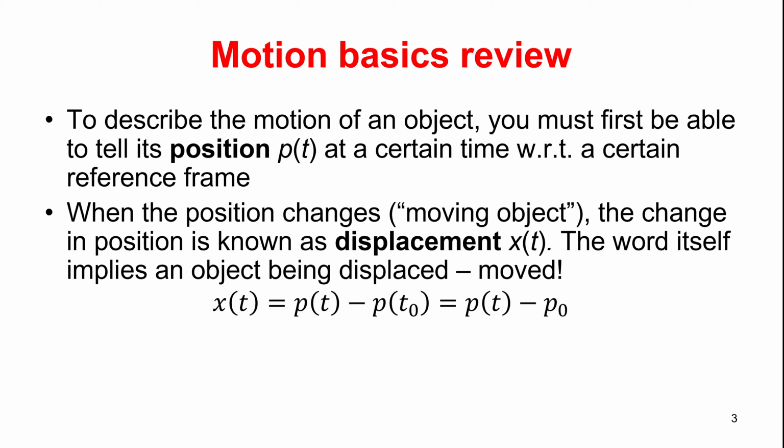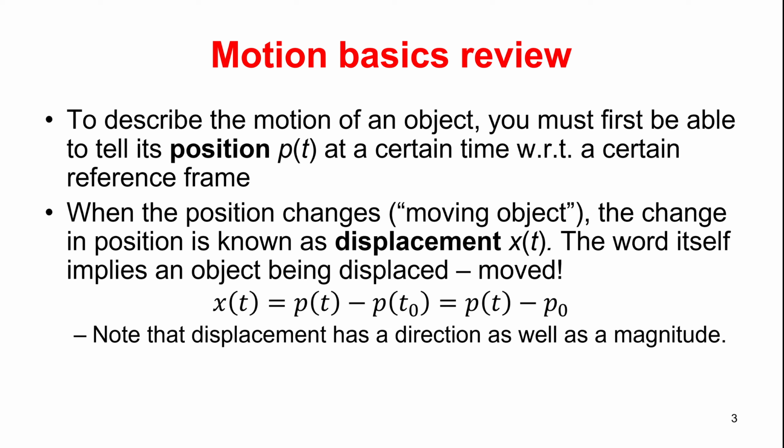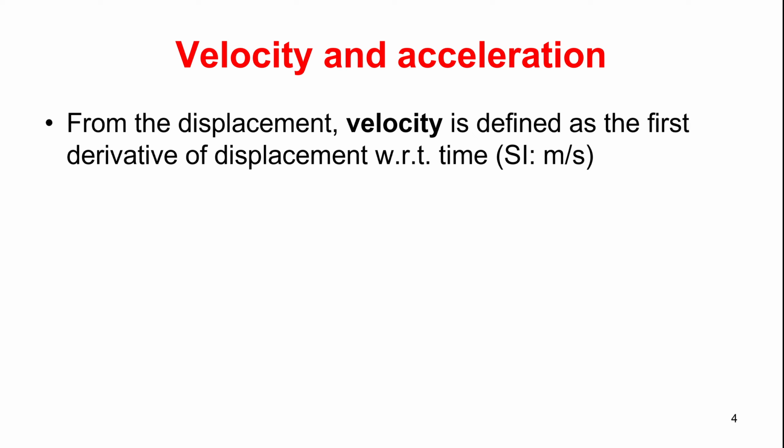So the current position minus the initial position is going to give us the displacement. And using the displacement, we can find the velocity and acceleration.